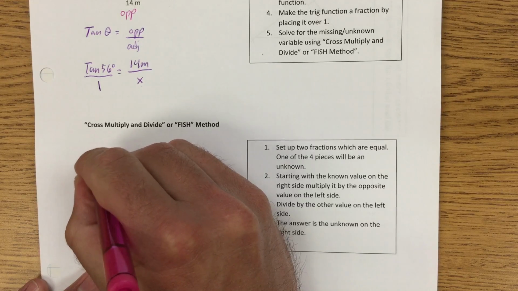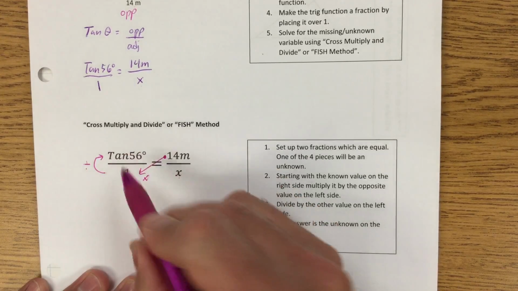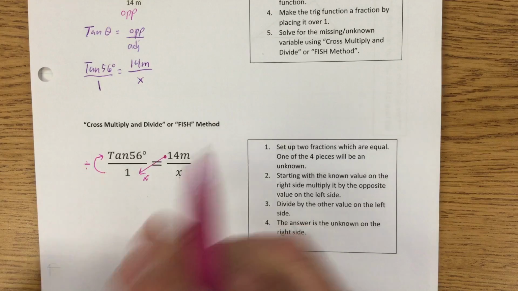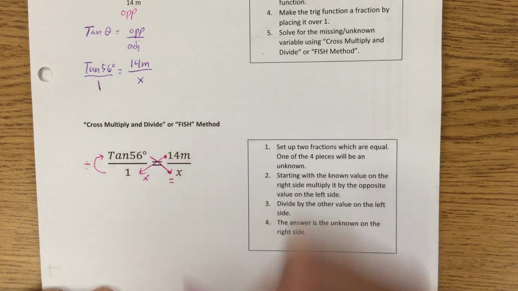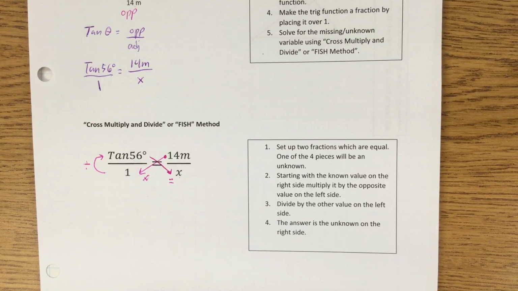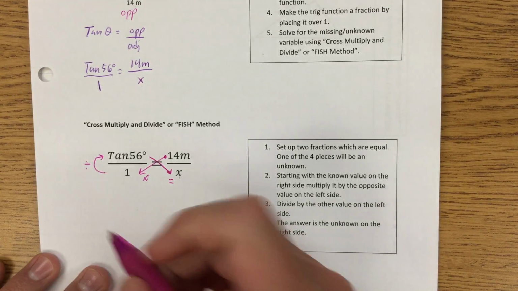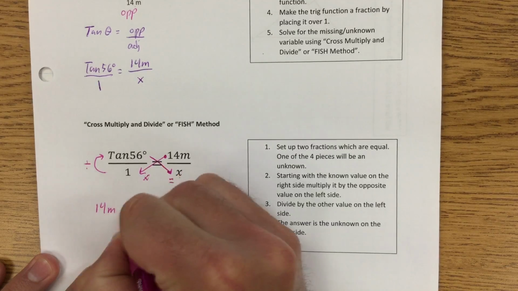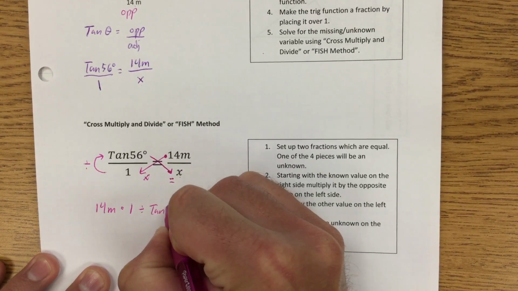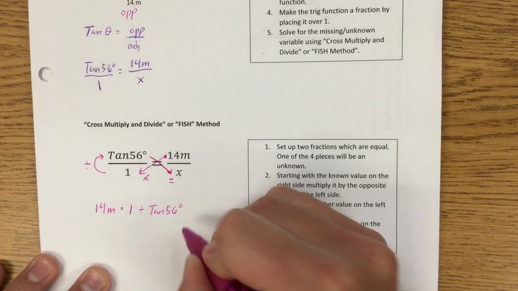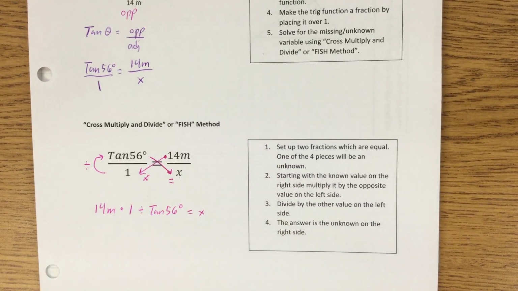Then that answer, we divide by the value on top or on the bottom, so the opposite value, and that's going to give us our value of x. So when we do this, it is going to be 14 meters times 1 divided by the tangent of 56 degrees, and that's going to equal x.